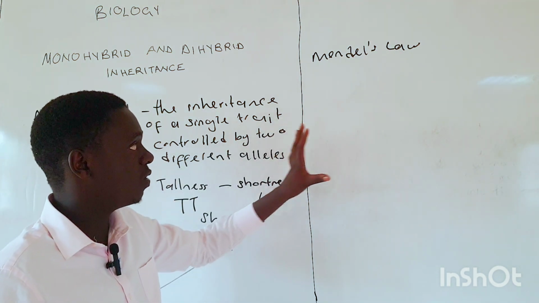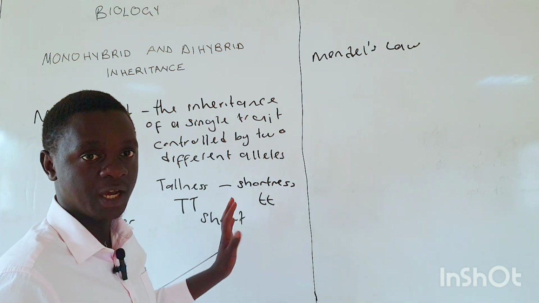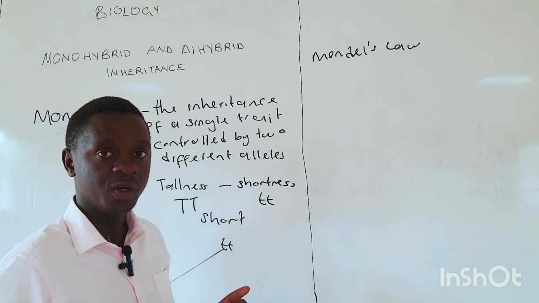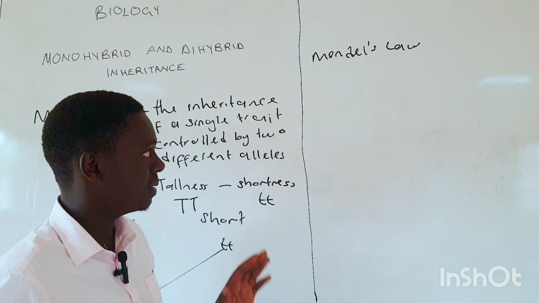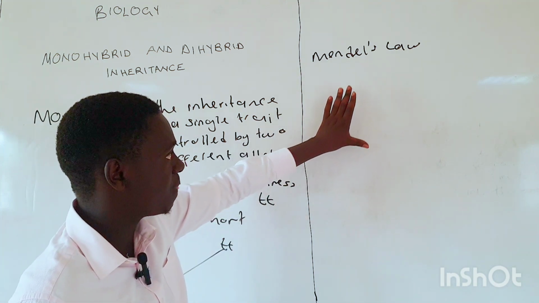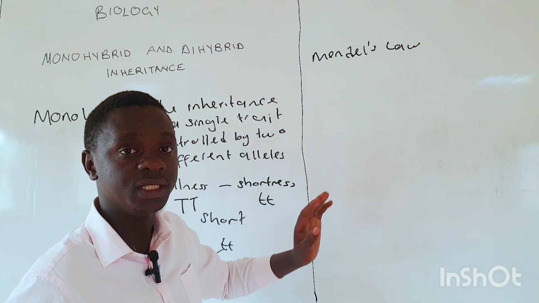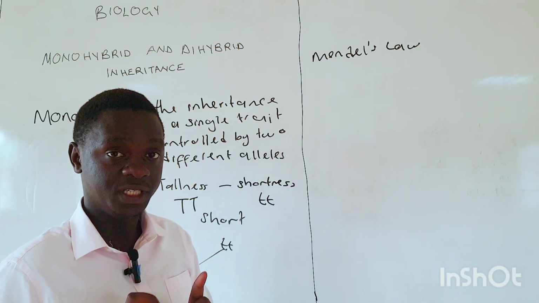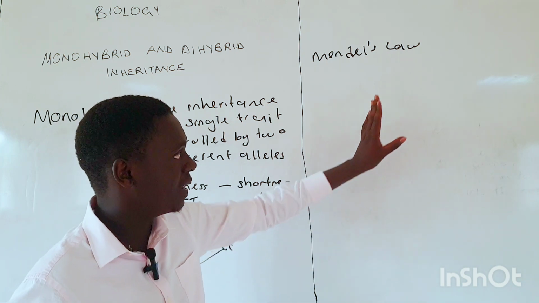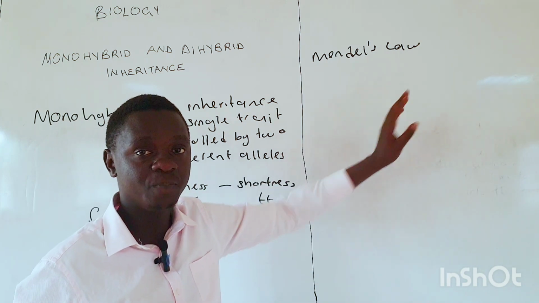Now, the first law of Mendel states that characteristics of organisms are controlled by a pair of factors. Mendel considered genes to be factors, saying that a characteristic of an organism is controlled by a pair of genes or factors. Now, of these factors, only a single factor appears in the gamete.